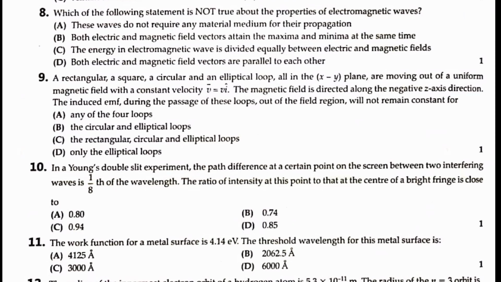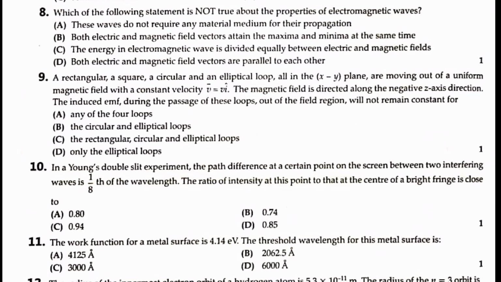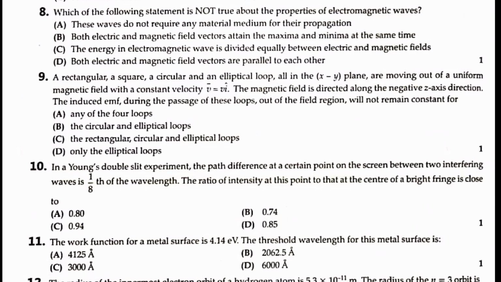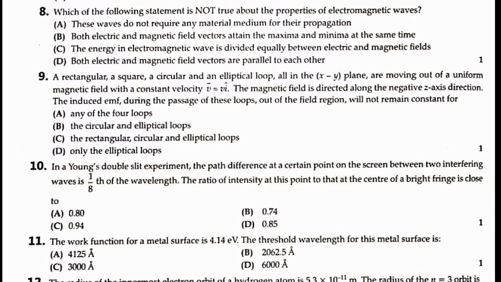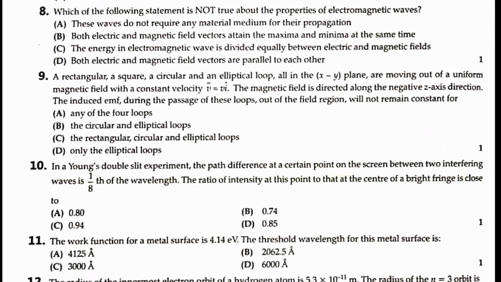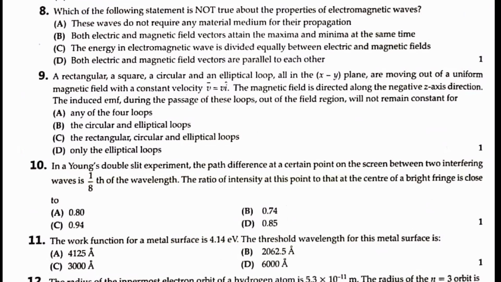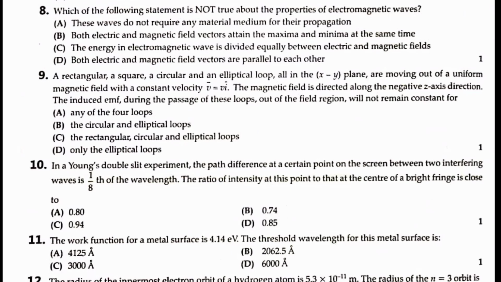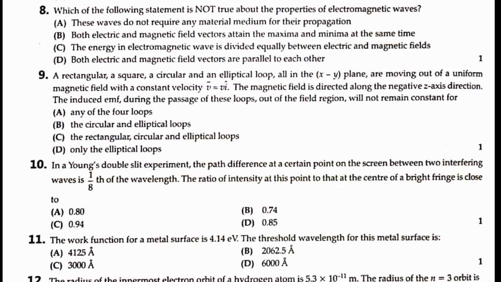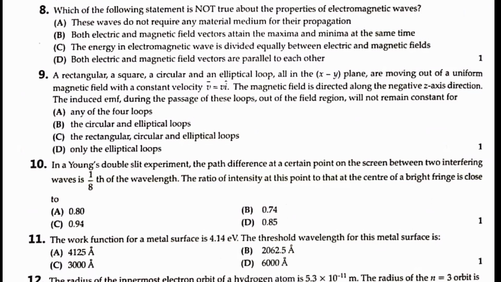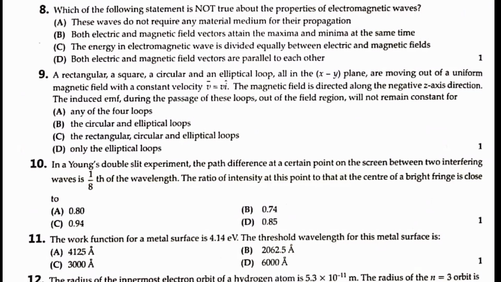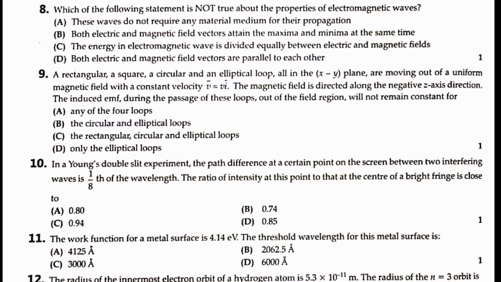Okay, now we have the next question. A rectangular, a square, a circular and an elliptical loop, all in the xy plane, are moving out of a uniform magnetic field with a constant velocity v is equal to v i cap. The magnetic field is directed along the negative z-axis direction.